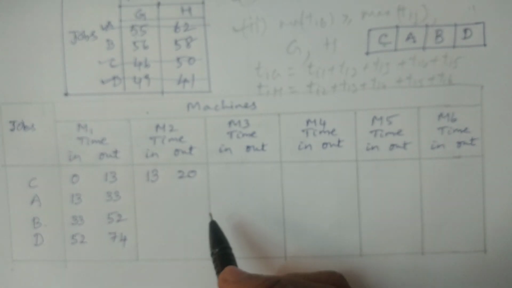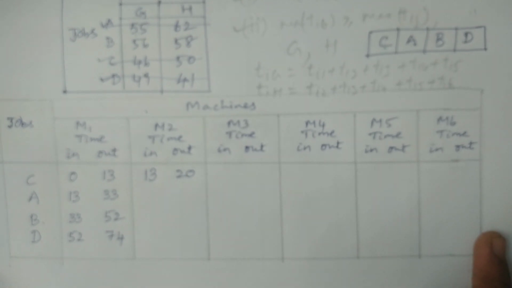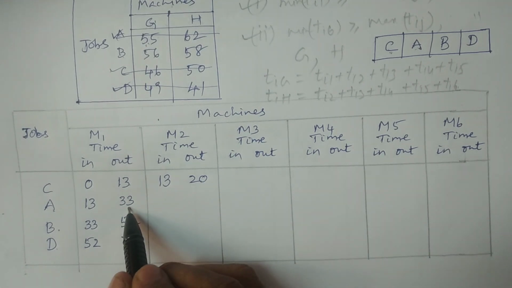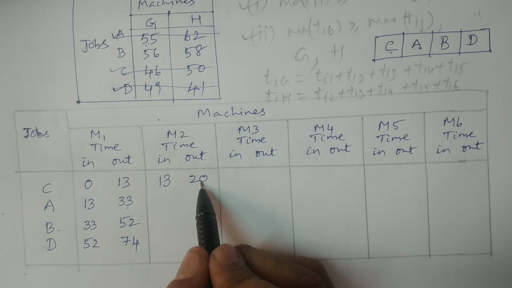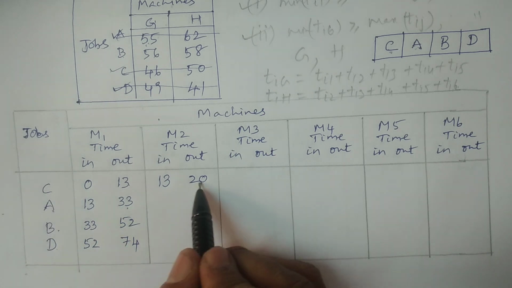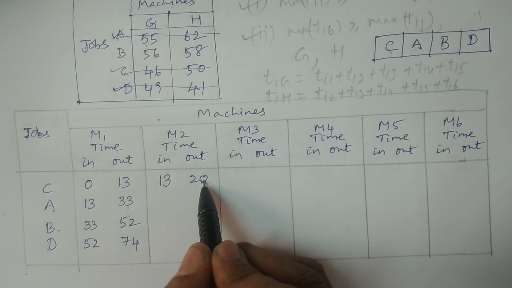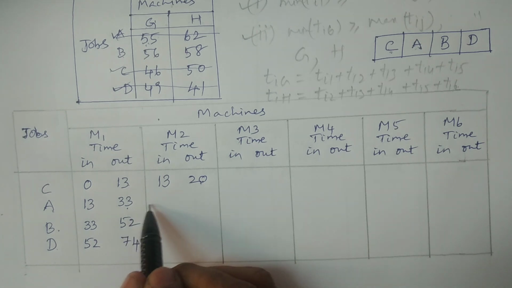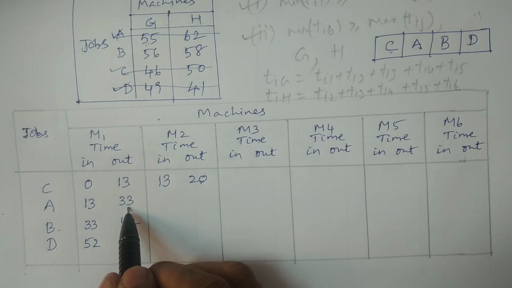Now you have to observe clearly the processing times. Is it clear? So 20 and 33: this is the time out for the first job C on machine 2. But for the time in calculation on machine 2, you observe the second job's time out on machine 1.